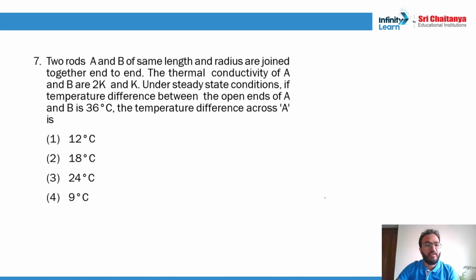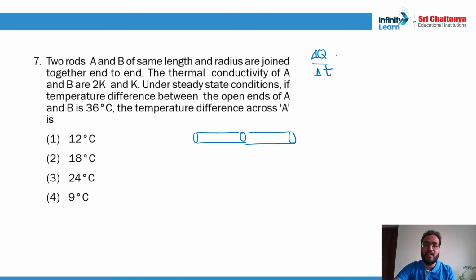Now, seventh question. It says that two rods A and B of same length and same radius are joined together end to end. So two rods are given to us. They have same length and same radius. Do you remember what delta Q by delta t is? Delta Q by delta t is K A by L into delta theta.